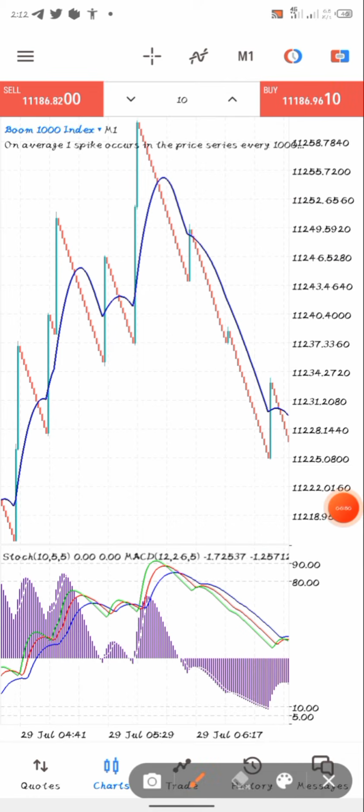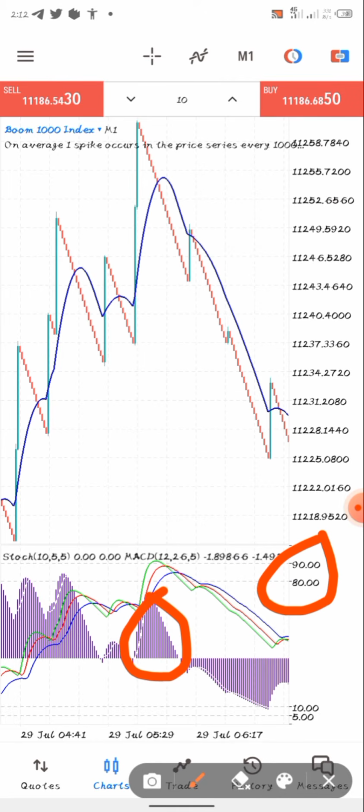Now, our alligator, you can see you have to let your alligator touch the stochastic oscillator 90 to 80 levels. As you see that happen, then you have to see your MACD increasing in volume, which means the stochastic oscillator is increasing in volume.